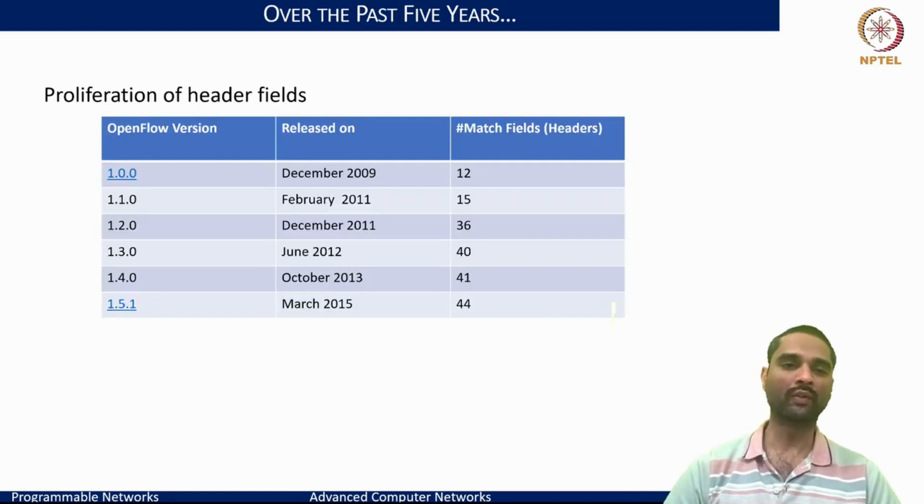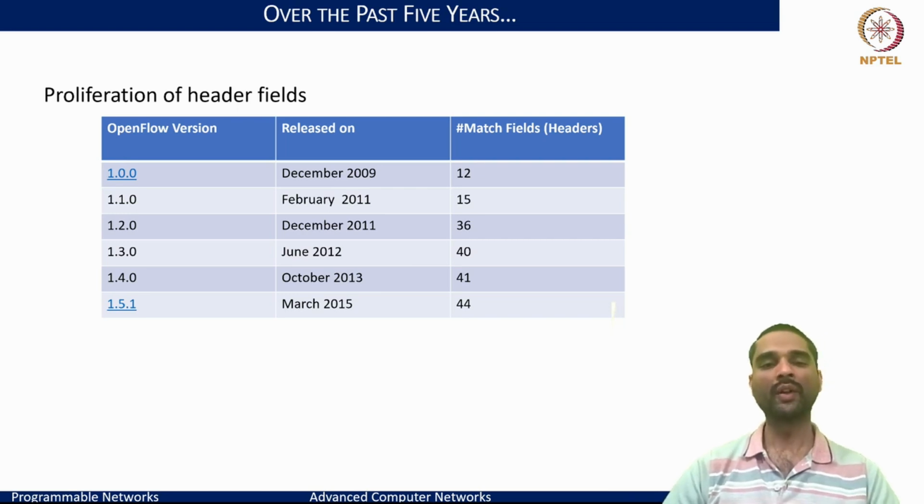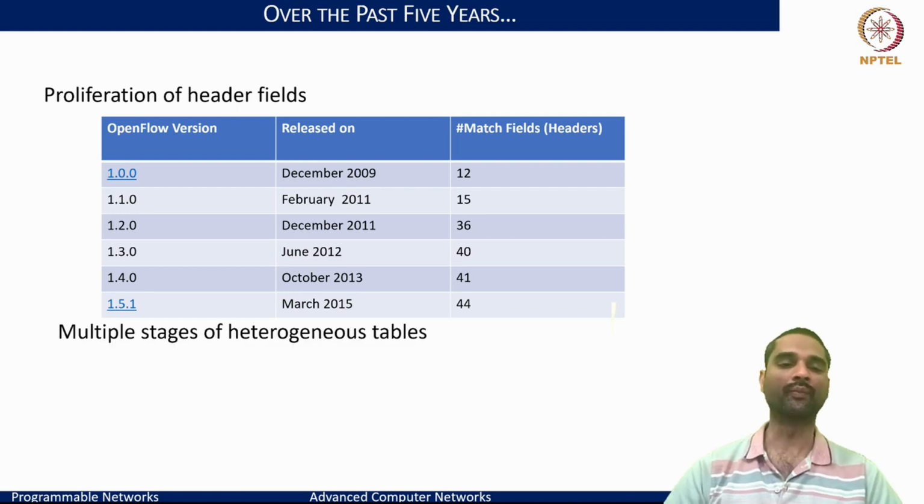And as we saw earlier, as the OpenFlow versions changed, we started to see a good ballooning in terms of the match fields that we would want to use. It started from 12 all the way to 44 match action fields as in version 1.5. So there was a big proliferation of the header fields, and still it was not sufficient.